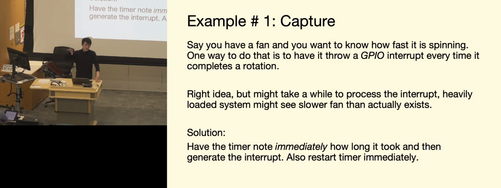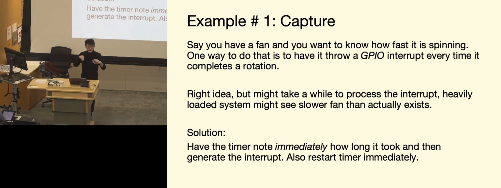Whenever the main program wants to know the current rotation speed, it can just read from this register, or from wherever this value is saved, as opposed to being interrupted, or using a GPIO to check every rotation.